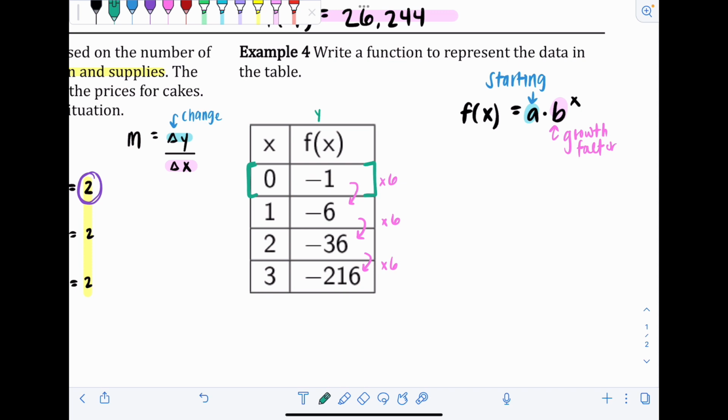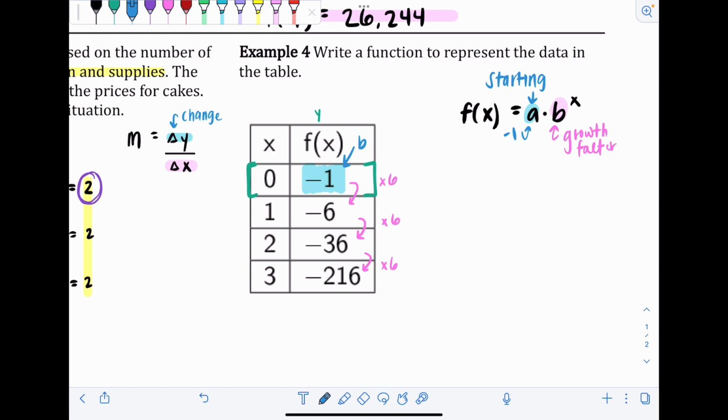So that would mean that our starting amount is -1. So to find the starting amount from the table, you have to find where x is equal to 0, but the actual starting value is the f of x or the y that goes with it. So in this case, it's -1. So you'd put -1 in for a.